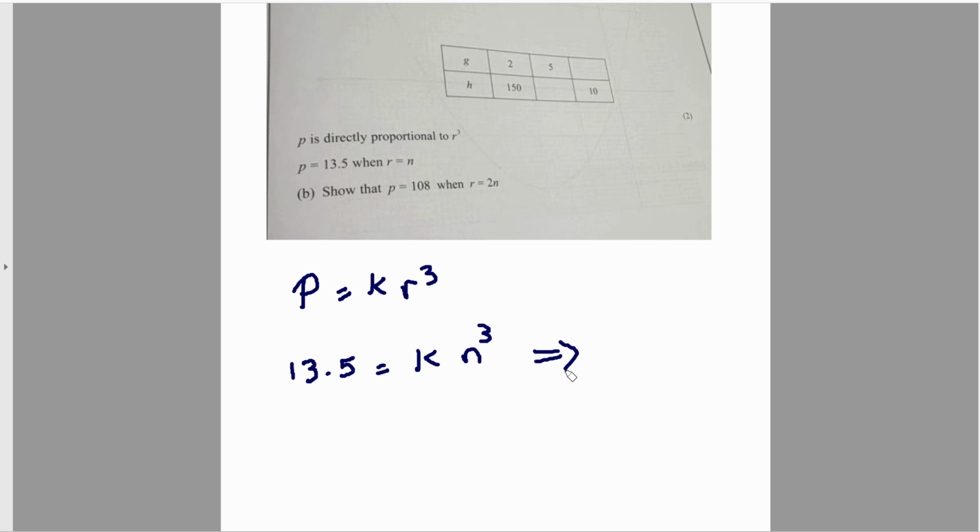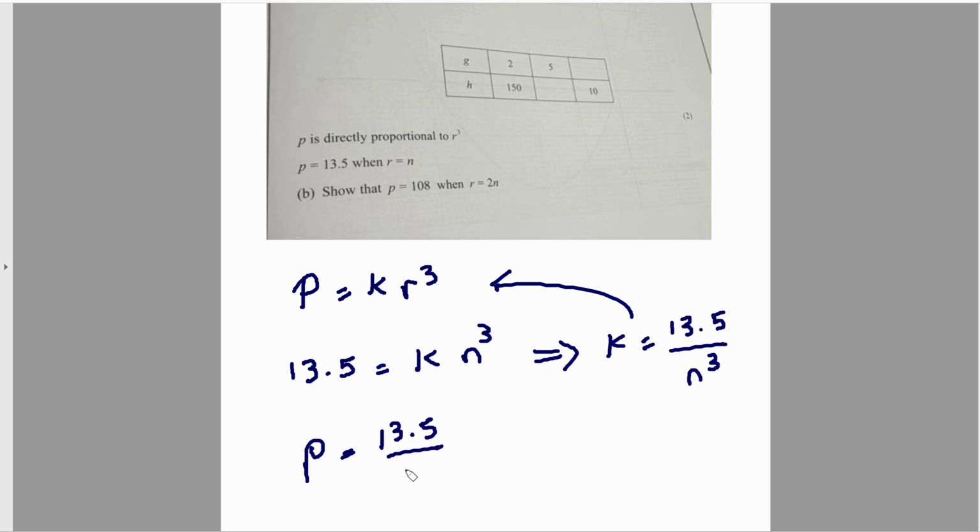So K equals 13.5 over N cube. I'm going to sub it back. So I have P equals 13.5 over N cube R cube.